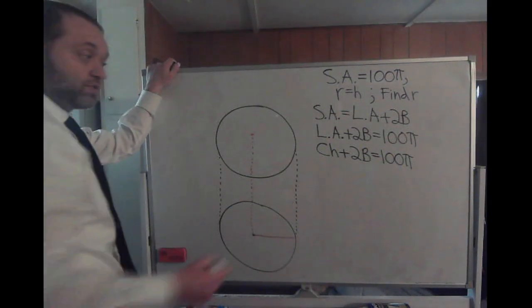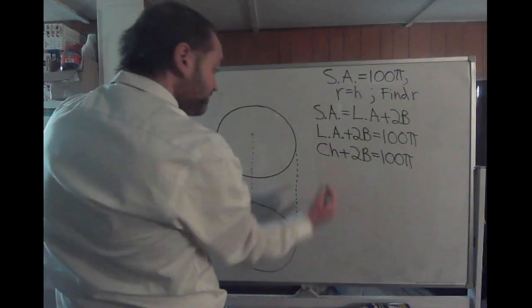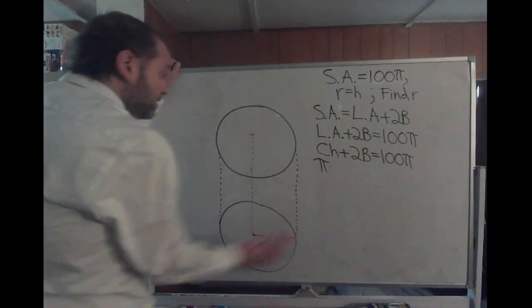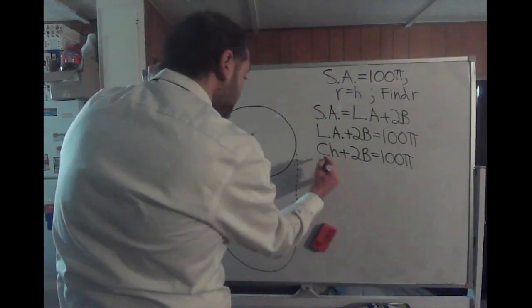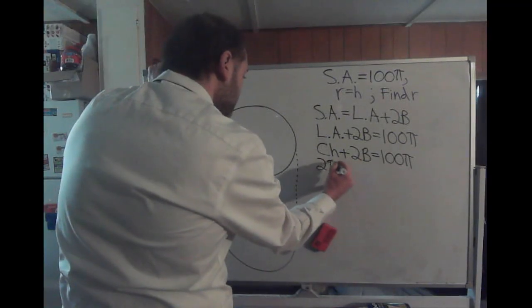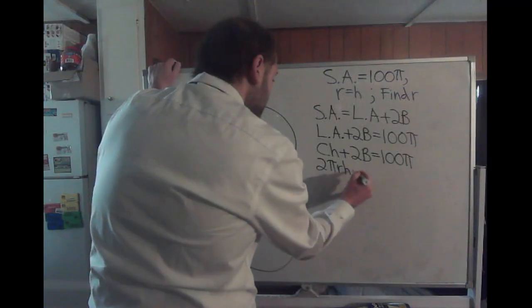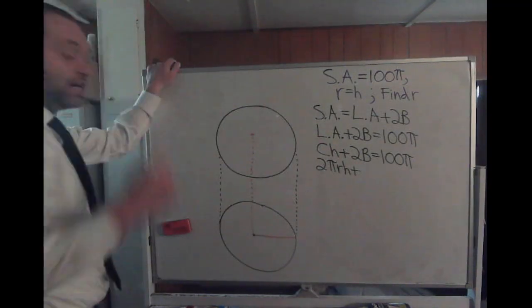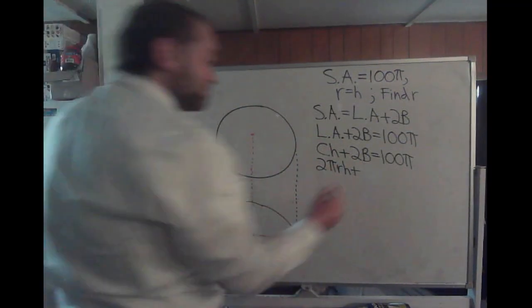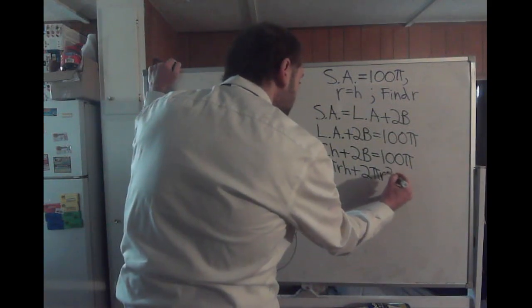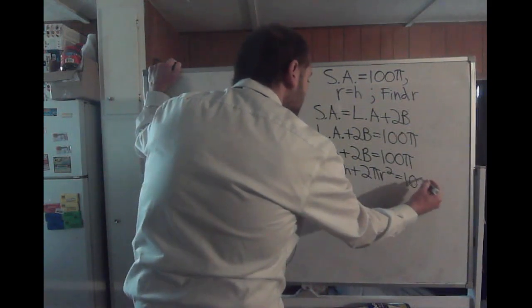Well, what is the circumference of a circle? That, of course, is equal to 2 pi r times the height plus, now what is the area of a base being a circle? It's pi r squared. So you'd have plus 2 pi r squared equal to 100 pi.